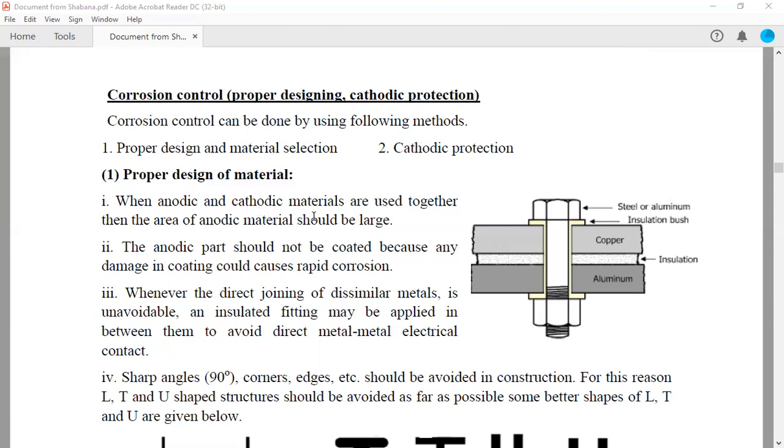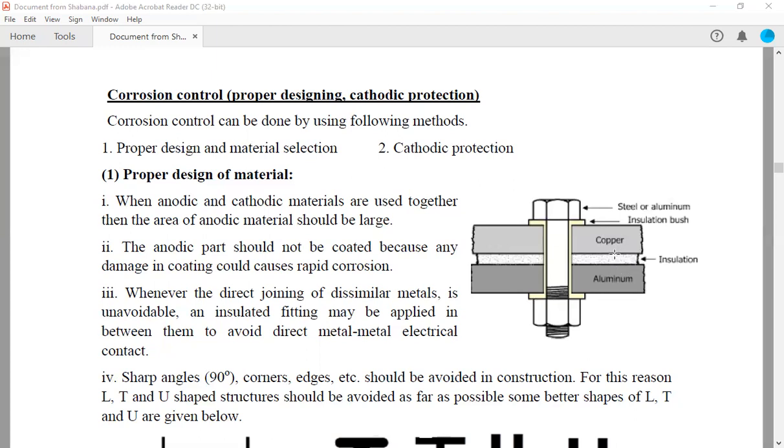When cathodic and anodic materials are used together, the area of the anodic material should be large. Avoid the contact of two dissimilar metals in the presence of a corroding solution. When two dissimilar metals are in contact, the anodic metal must possess a large surface area.